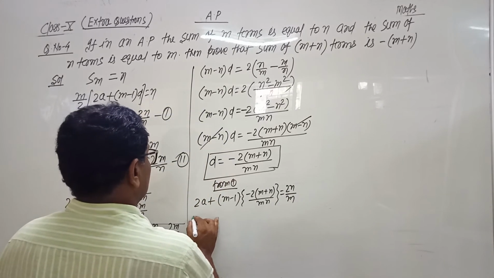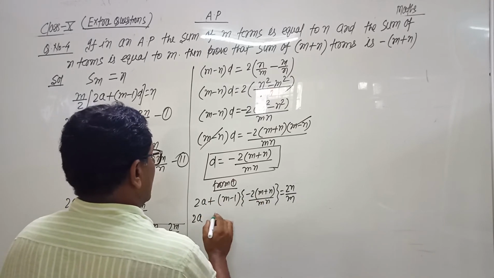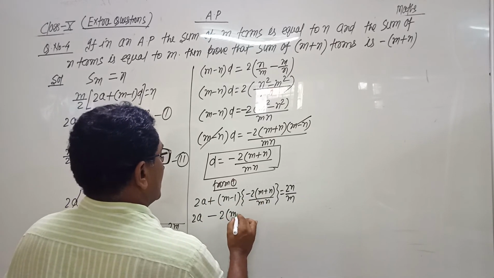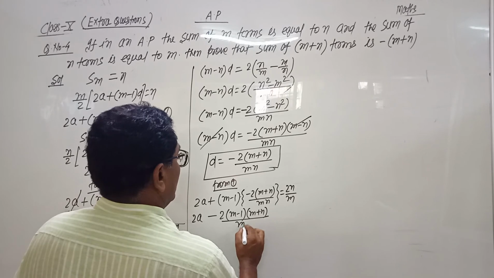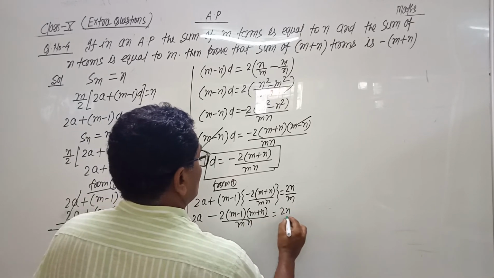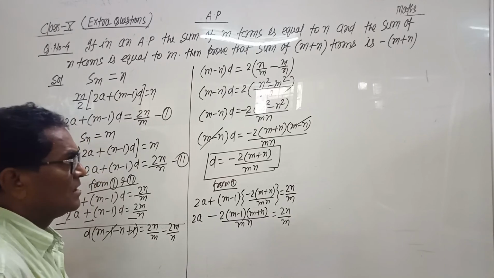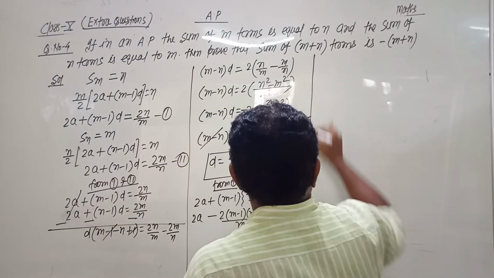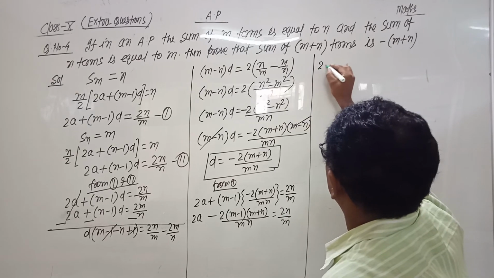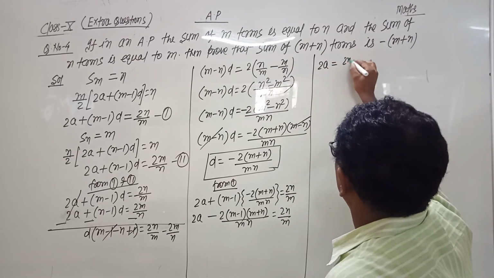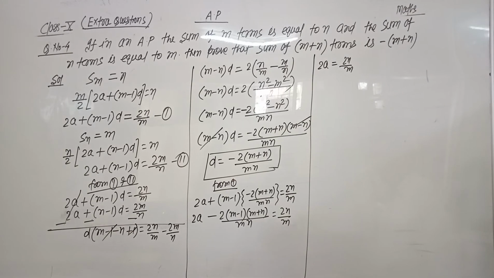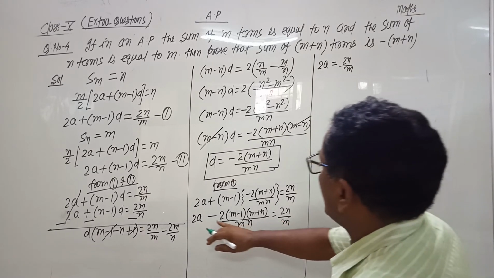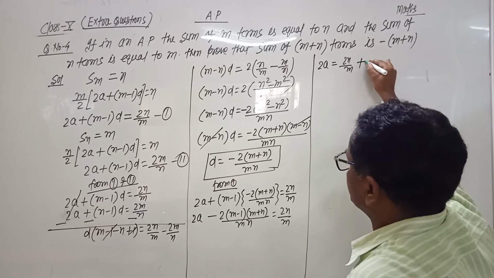So we get 2a plus minus minus 2(m minus 1) into (m plus n) upon mn equals 2n by m. And the value of 2a is 2n by m, and this will go on the right side, becomes positive.